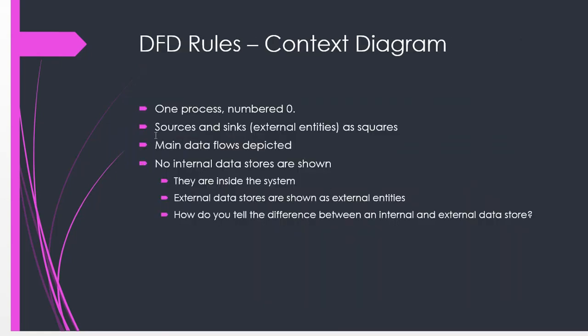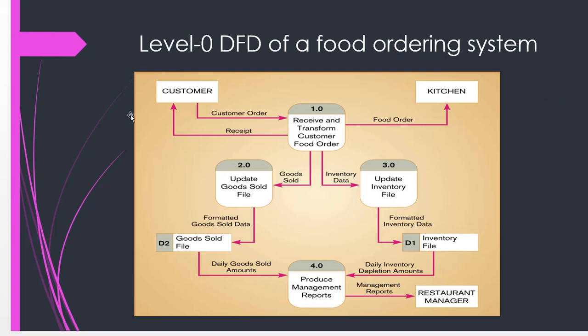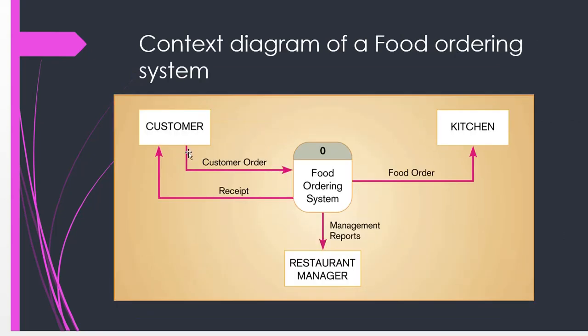So as I was saying, the context level diagram has got sources and sinks. So sources and sinks are basically the external entities. A source is basically where the information is coming from. So in this case, an arrow that's going straight into the system is showing a source, which is the customer, the source of data.